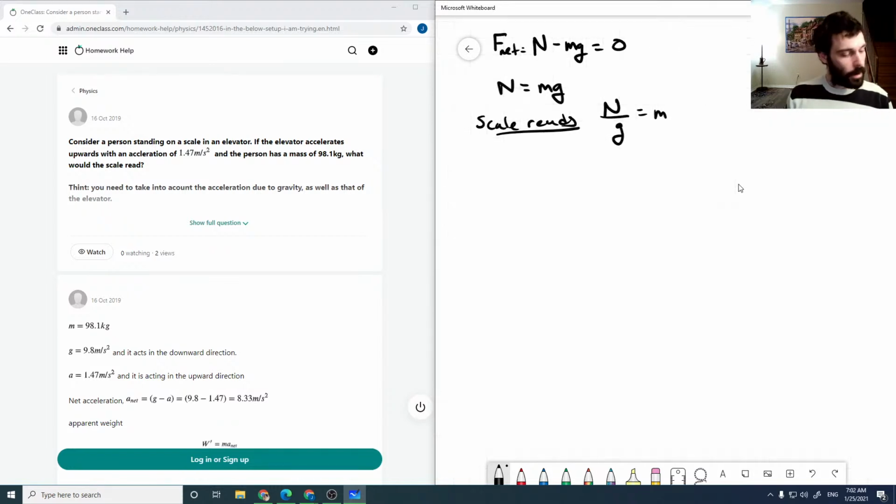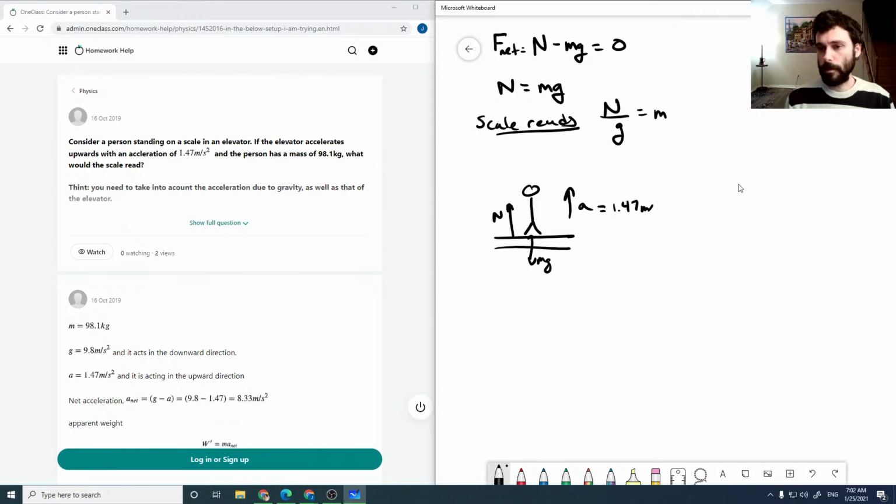So now the elevator is accelerating upward. Then we've still got an mg, we've still got our normal, and we've got an acceleration of 1.47 meters per second squared upward.